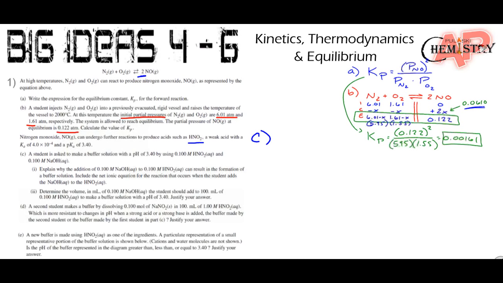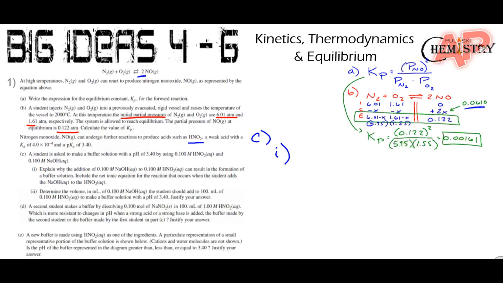So C, a student is asked to make a buffer solution with a pH of 3.4 by using 0.1 molar HNO2 and 0.1 molar NaOH. I, so they're going to break it down even further. Explain why the addition of the NaOH to the HNO2 can result in the formation of a buffer solution. Include the net ionic equation for the reaction that occurs when the student adds the NaOH to the HNO2.